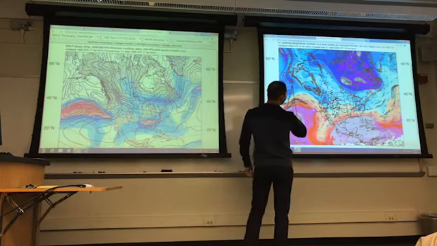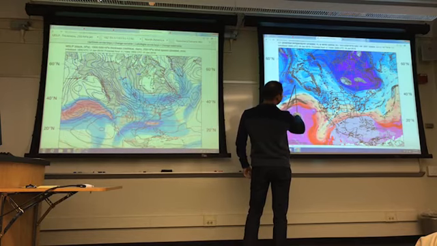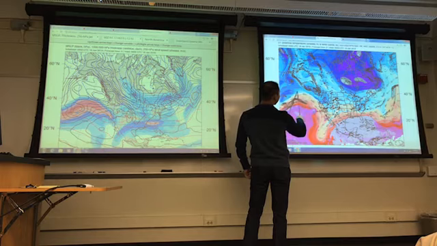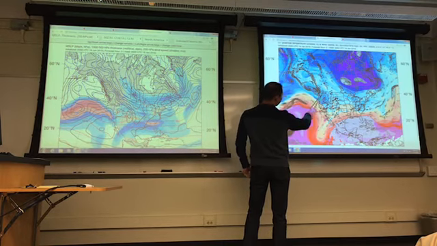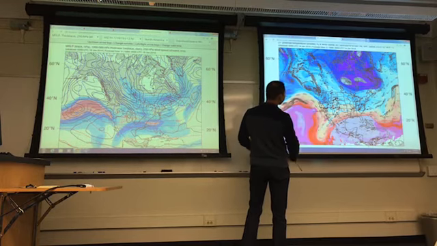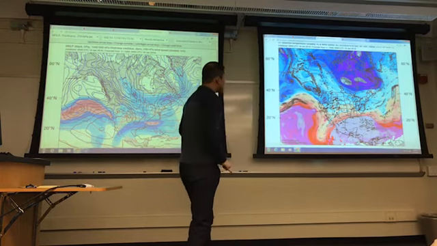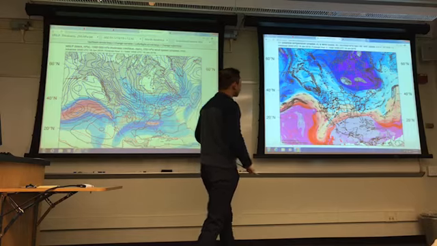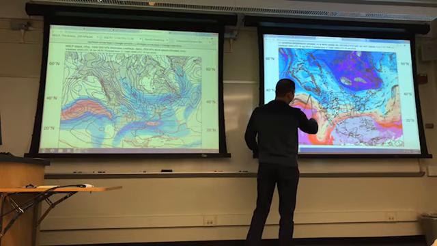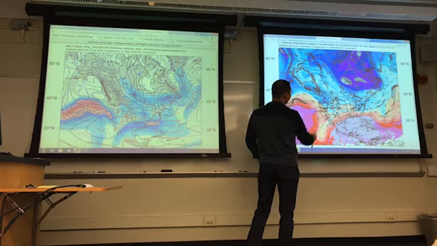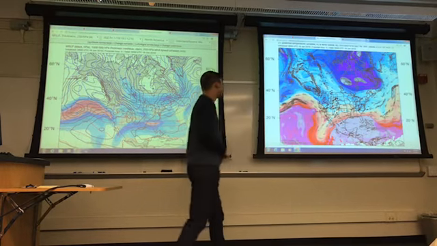We see that this disturbance gets deformed as it undergoes cyclonic wave break. The main portion goes here, but the high PV gets elongated as it dives, as this ridge builds, and the jet forms on the poleward side of this ridge building event. So we get the high PV streaming down into the Rocky Mountain region.